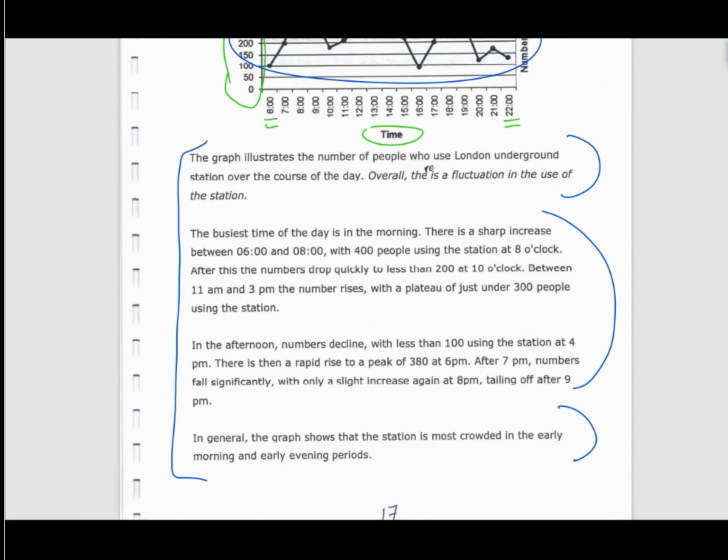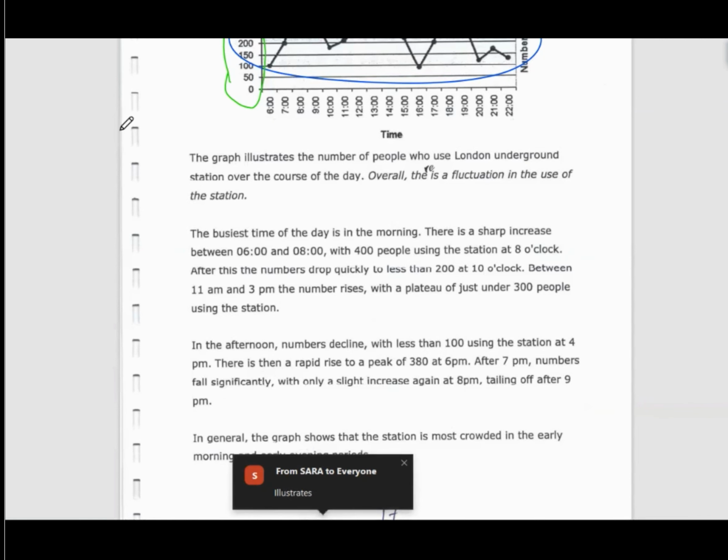Okay, let's see the keywords first. In the first paragraph, keywords: illustrates, overall, yes, fluctuation, yes, good.